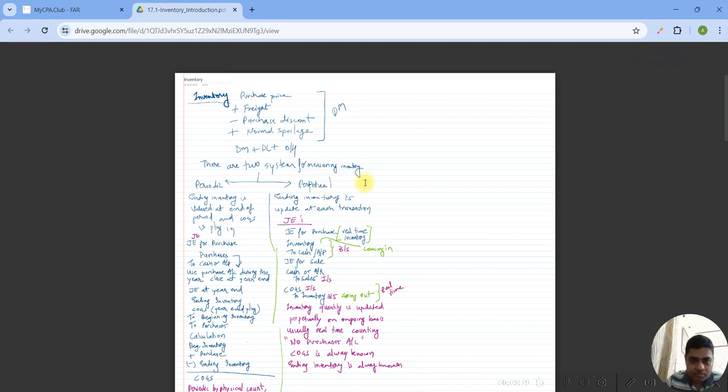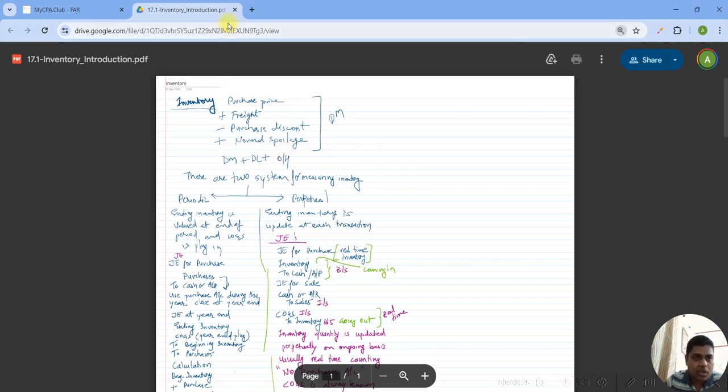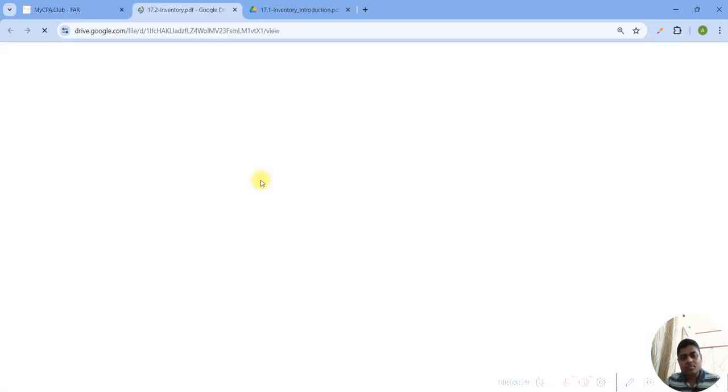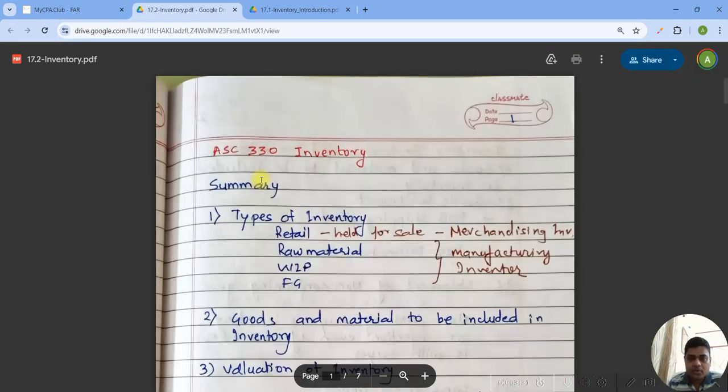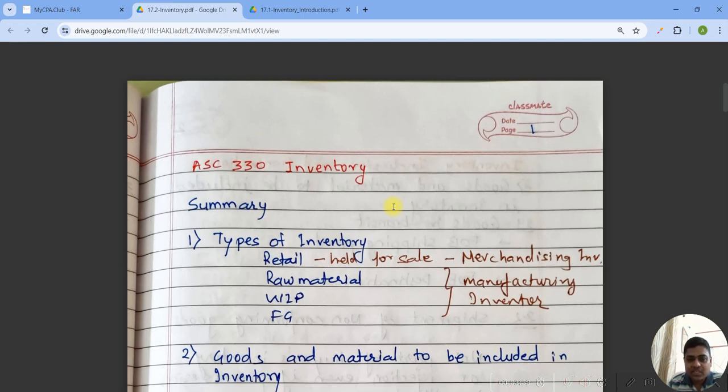So let's go to our main notes here. The topic of inventory under US GAAP is covered in Accounting Standards Codification 330.